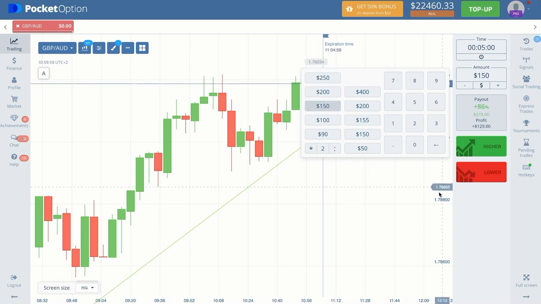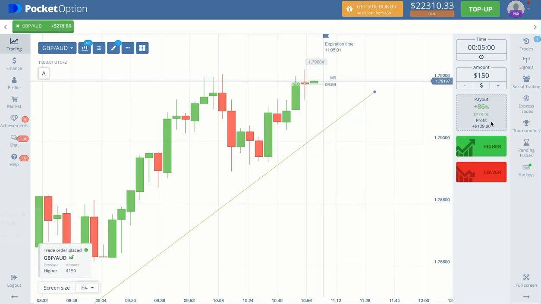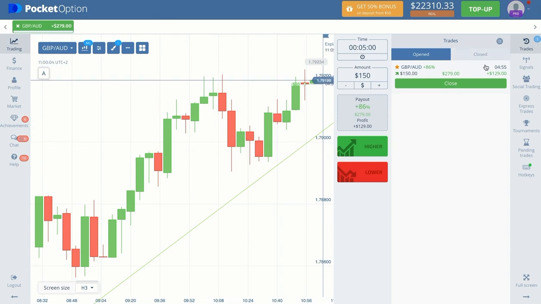This signal is in loss, but no problem guys. We will use Martingale to recover our loss and take some profit.